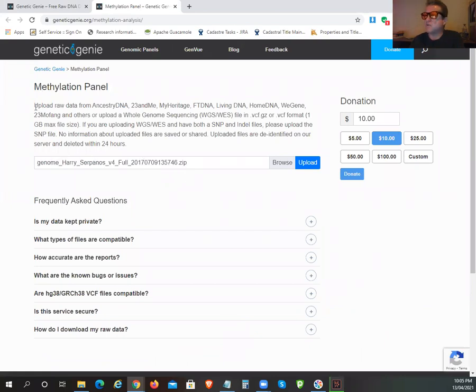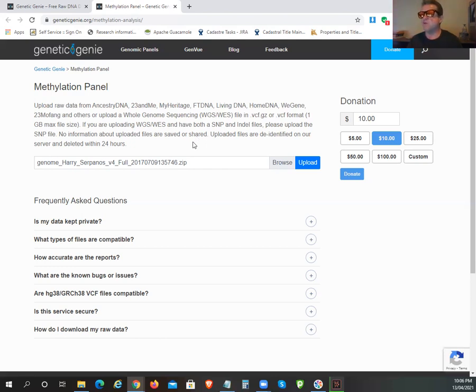Now, I'll just go through this general information. Upload raw data from Ancestry DNA, 23andMe, MyHeritage, FTDNA, Living DNA, Home DNA, WeGene, 23Mofang, and others, or upload a whole genome sequence, WGS/WES files, in .vcf or similar format.